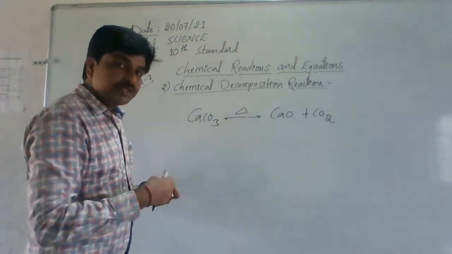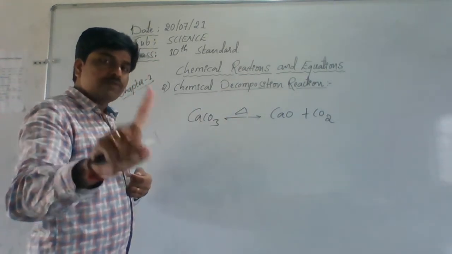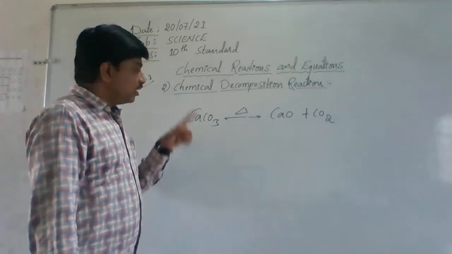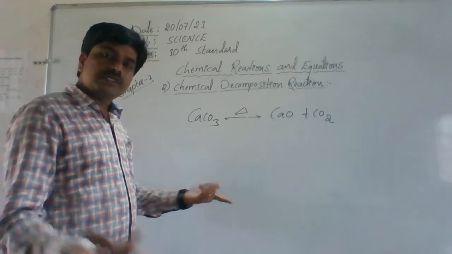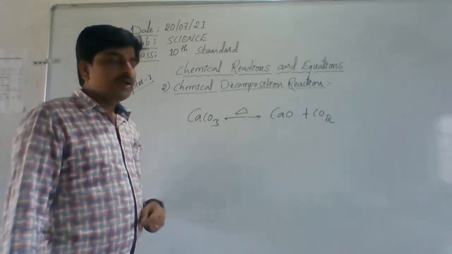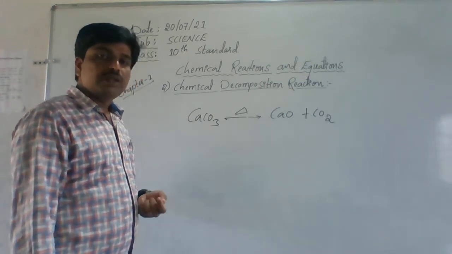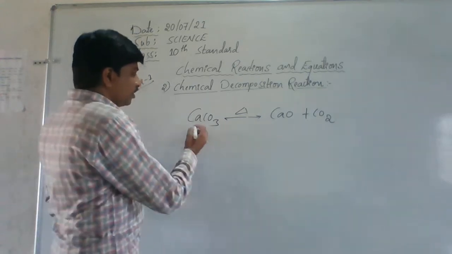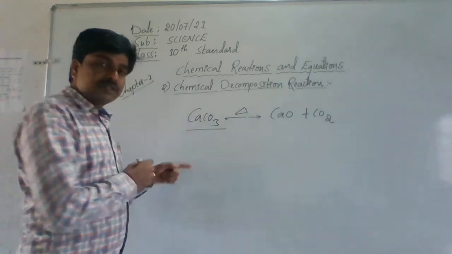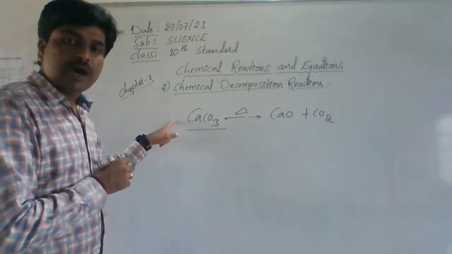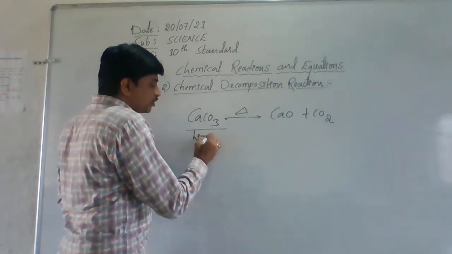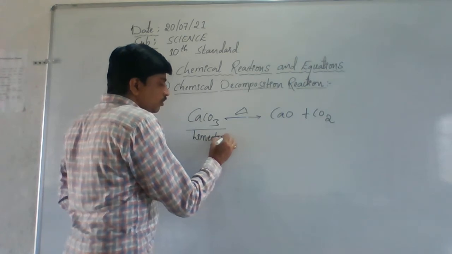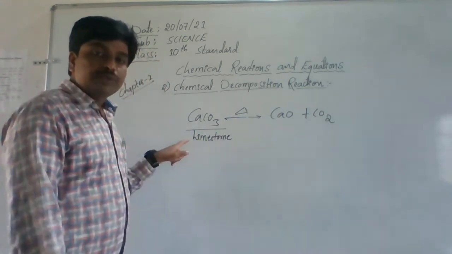What happens in combination? Two or more reactants combine to form only one product. Understand? Here one reactant decomposes to form more than one product. That's all. So this is called what? Chemical decomposition reaction. See, this compound name is calcium carbonate. It is generally called limestone.